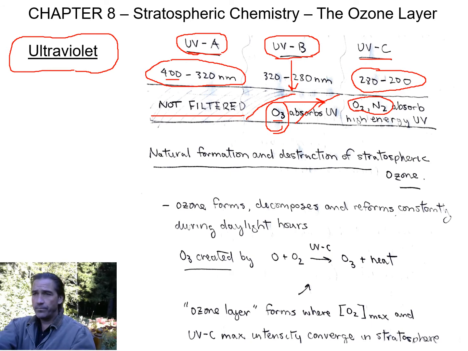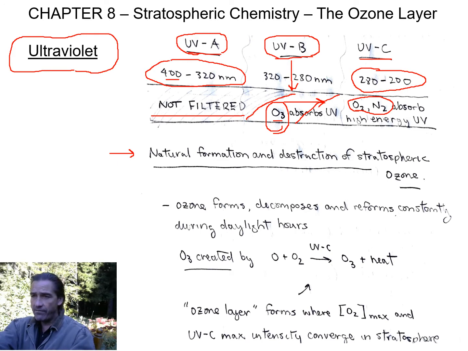What we'll cover here is the natural formation and destruction of this stratospheric ozone layer. We could say that before human activity, this ozone layer was at a steady state. It forms and decomposes at a constant rate during daylight hours.